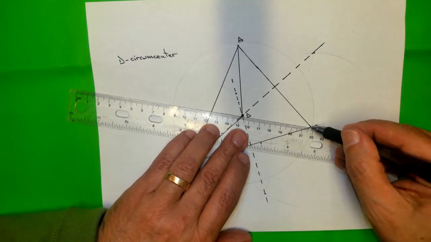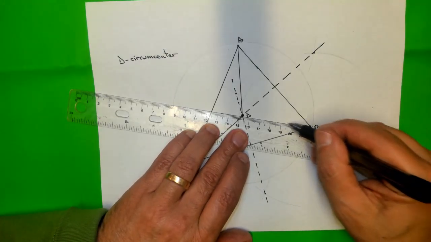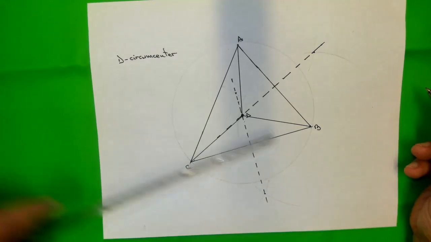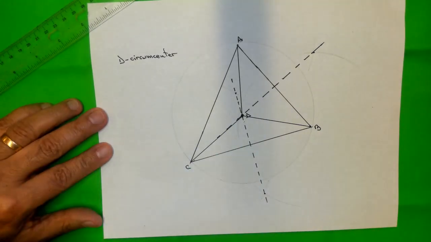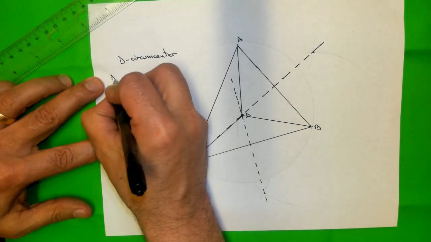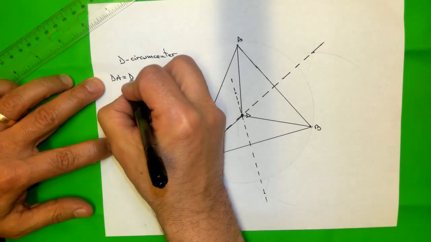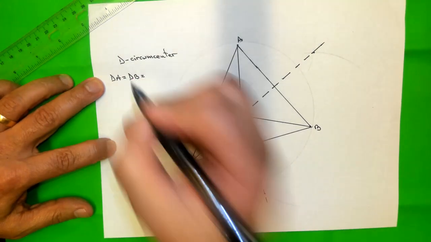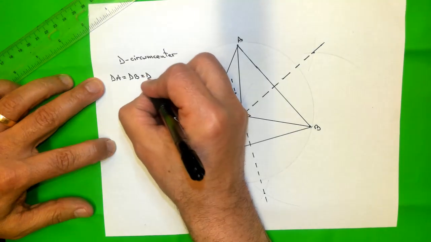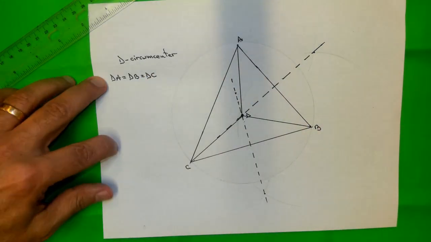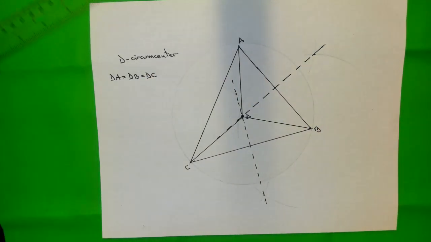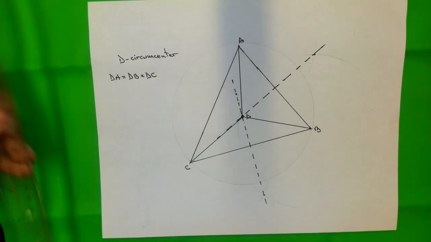Why? Because they are the radii of the circumcircle. They have the same measure. DA is equal to DB, which is equal to DC. Point D is equidistant from the vertices of the triangle we started from.